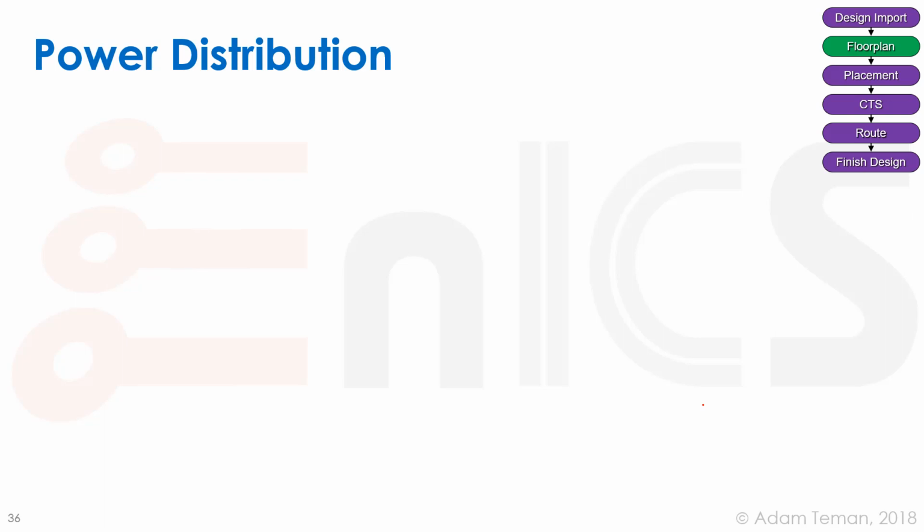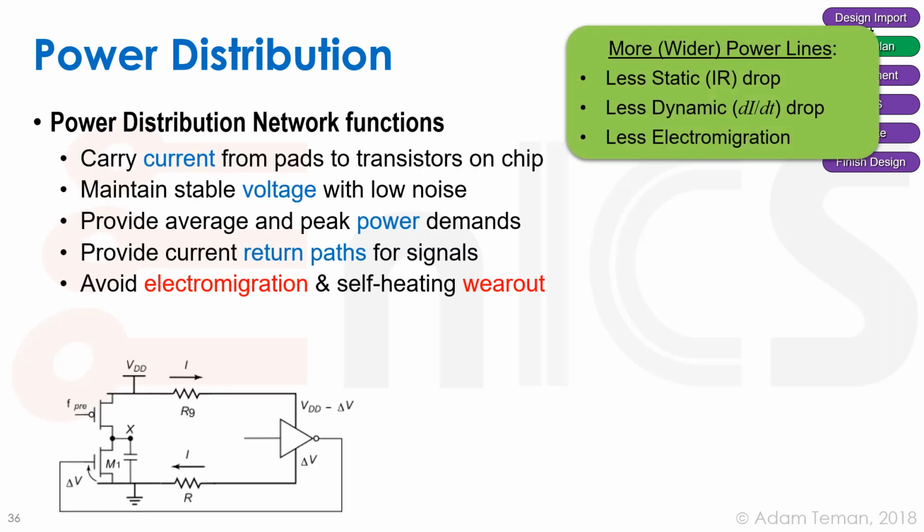Therefore, we have to solve this by distributing the power in our whole chip. So power distribution has several functions. First of all, it has to carry the current from the pads, the external IOs of the chip, to the transistors. It's supposed to maintain a stable voltage with low noise.